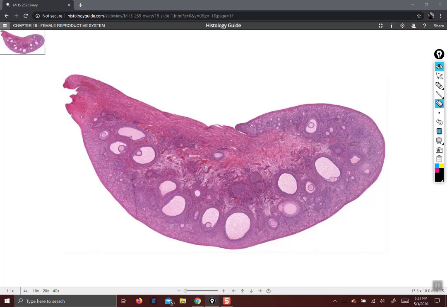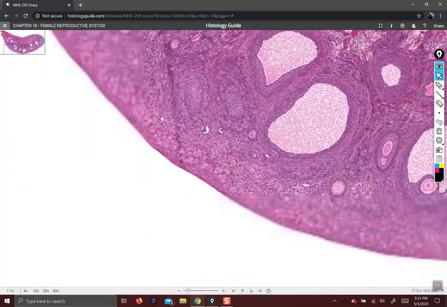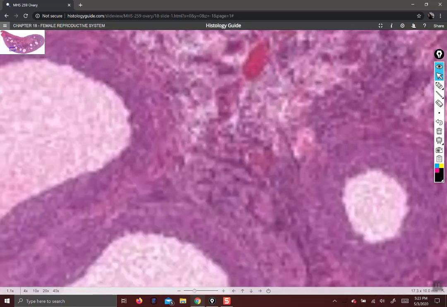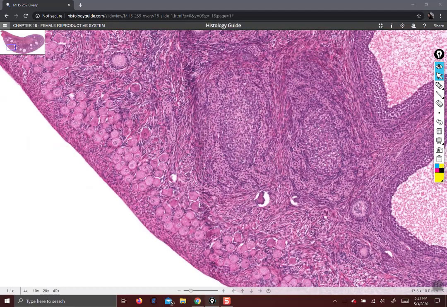So let's zoom in. And we're going to go find some primordial follicles first. Those are generally found near the edge of the ovary. Whoa, not quite that far in, thank you. Okay, so here we have an assortment of ovarian follicles.